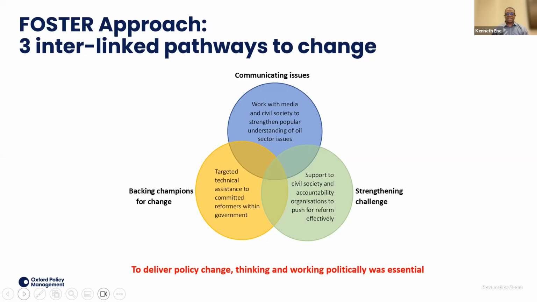All that is managed by the government in collaboration with the private sector. So that's more or less the supply side. So in the program's design, we focused on technical assistance to those reformers and those agencies within government to make the sector more accountable, more efficient, and more transparent.